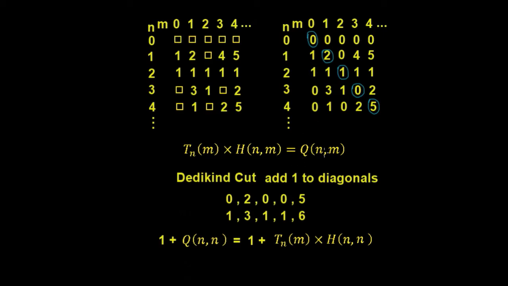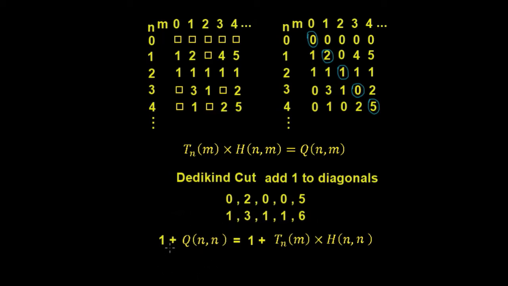Now what we're going to do is the so-called Dedekind cut. If we were to look at just the diagonal entries, the diagonal entries here are 0, 2, 0, 0 and 5. And if we were to add 1 to every single diagonal entry, then in this case we have 1, 3, 1, 1 and 6. So we can write this out mathematically.